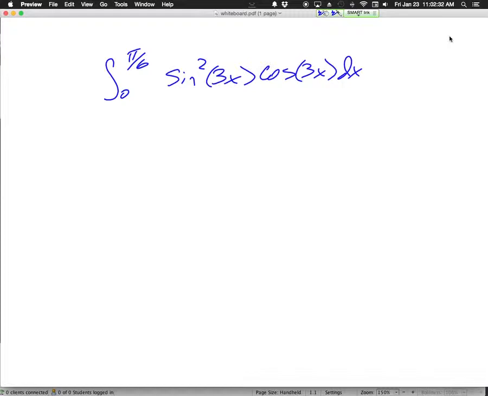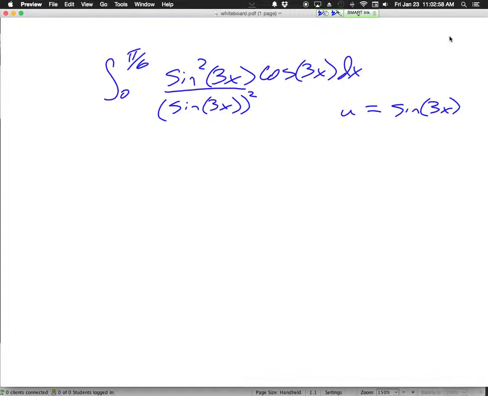So we need to remember that this right here is the same thing as sine of 3x squared. So my inside is sine of 3x. So what do I need to do to sine of 3x?